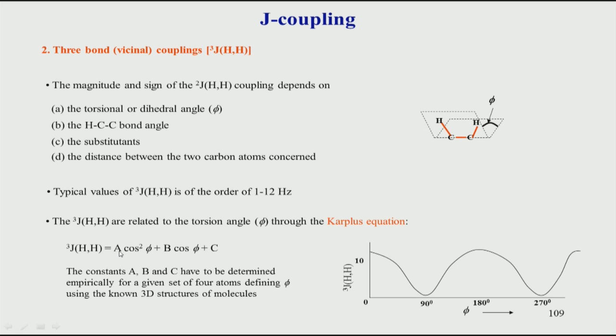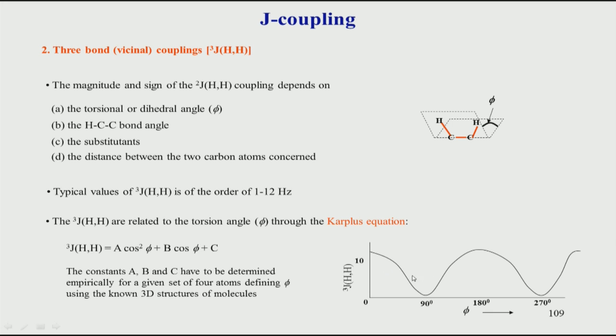In a particular molecule you will have a variety of different types of 3 bond J couplings, vicinal couplings, and for each typical type of those couplings we will have to determine empirically, experimentally, or based on the different values measured experimentally we can figure out A, B and C by fitting, if we know the structure. This is what it shows here.